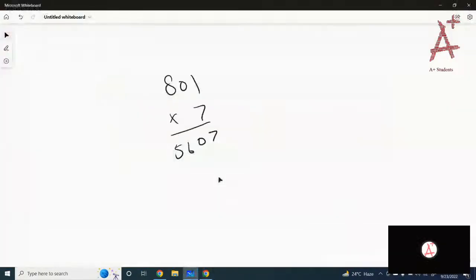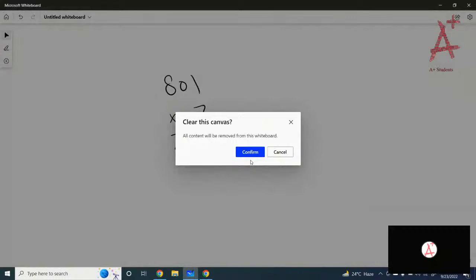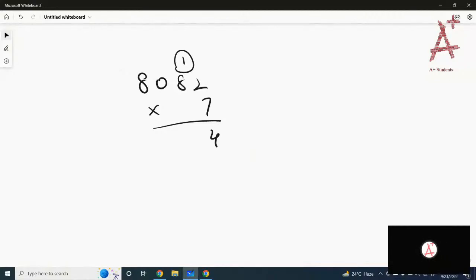8082 times 7. 7 times 2 is 14. Write a 4 here and carry 1. 7 times 8 is 56. Write a 6 over here and carry 5. 7 times 0 is 0 and 0. 7 times 0 is 0 and 0 plus 5 is 5.